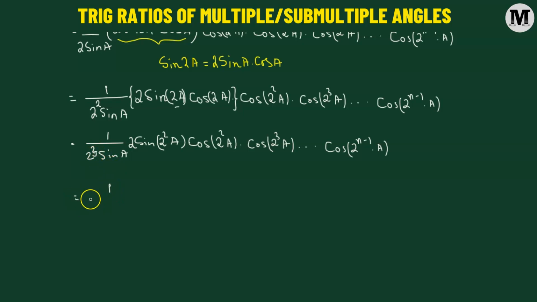So here we now have sine 2 squared A multiplied to cosine 2 squared A. Again, we'll be multiplying with factor 2, and this means we'll have to multiply a factor 2 into the denominator as well. So this 2 squared will become 2 cubed. So now we will have 1 over 2 cubed sine A multiplied to, now what's 2 times sine 2 squared A cosine 2 squared A?